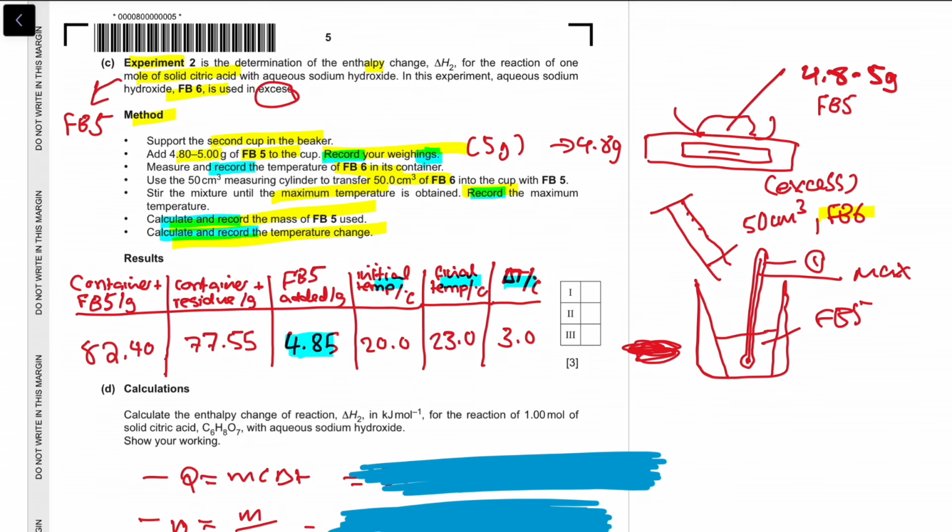Besides that, the third mark's really just accuracy, comparing your answers to the actual answers, and the second one as well. The first one, like I said, being the mass is correct, and there are correct subtractions here and here. And yeah, temperature changes are correct.